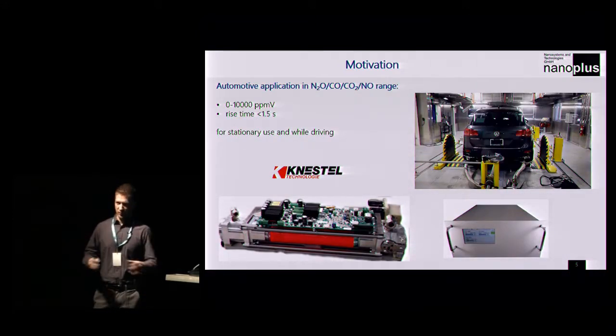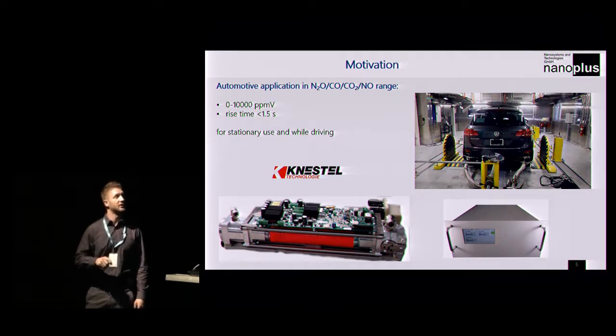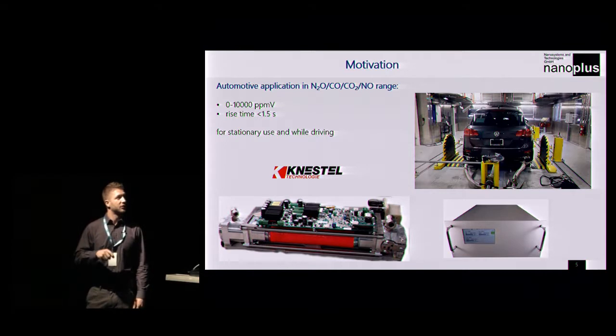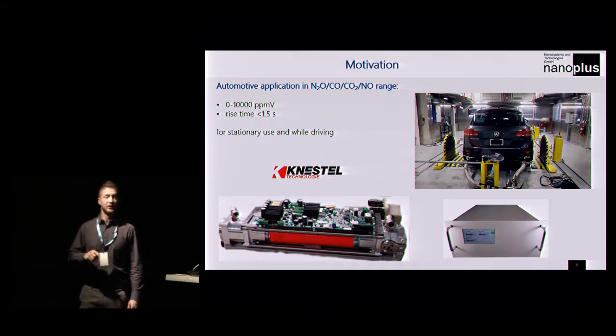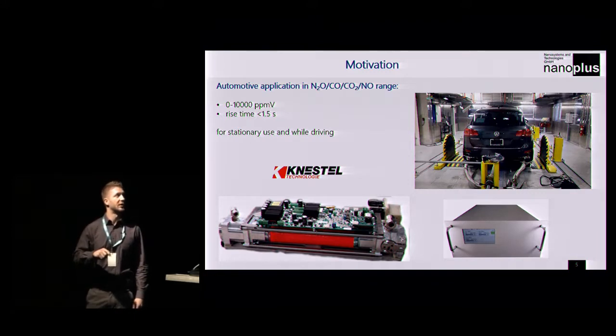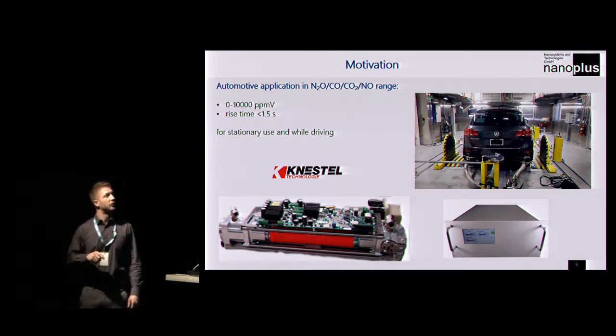Second application where we move into the mid-infrared is an automotive application where you want to measure exhaust gases like N2O, CO, CO2 or NO. And in a project together with the company Knestel, we developed a sensor which should be usable in ppm detection range and which should be quite fast.